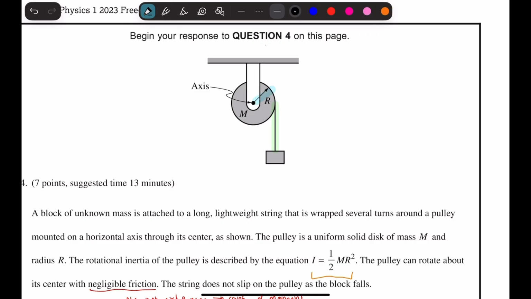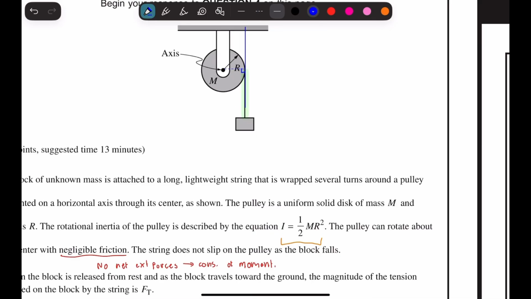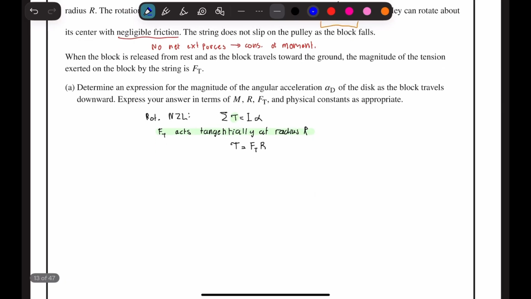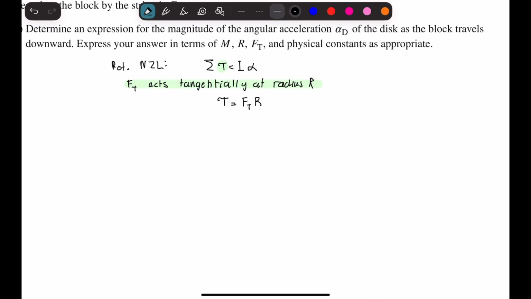That's because if we just draw that line, then we see the radius here. We can see that this is 90 degrees, so that is tangential. So that is the formula for the torque, knowing that torque is equal to F sine theta.